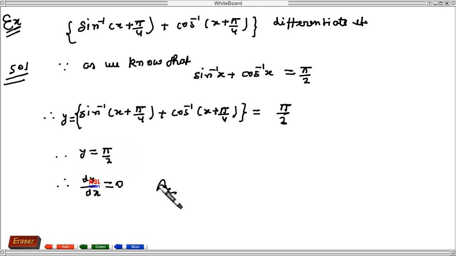So you can also calculate dy by dt, dy by dz, that will be equal to 0. The final answer will be 0, meaning differentiation of a constant term will always be 0. So finally d/dx of y is equal to 0. The key step of this question is this line. Moving to the next question.